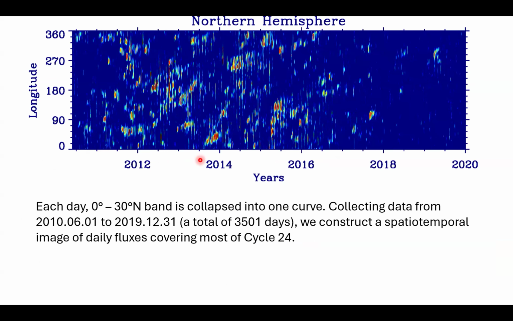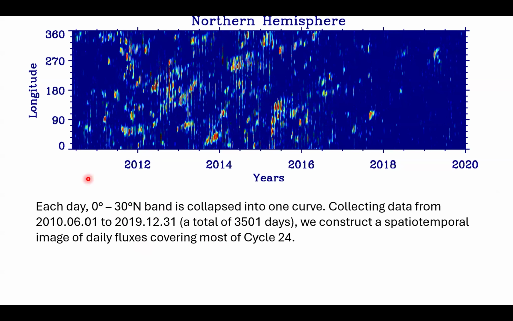Here I show northern hemisphere results. I collapsed the 0 to 30 degree latitudinal band into just one curve, and I put these curves together to form a spatial temporal image of the daily magnetic fluxes covering most of solar cycle 24.